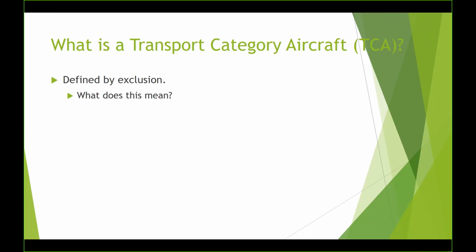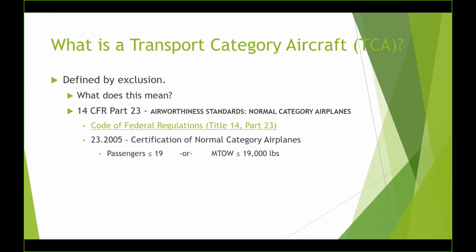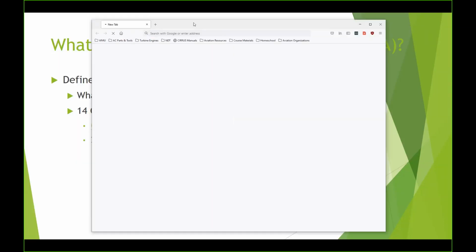So in the Code of Federal Regulations, in 14 CFR 23, we have airworthiness standards for normal category aircraft. And I've got the link there. If you go to CFR Part 23, this is the page it'll bring up.